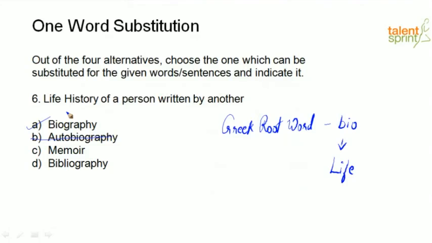Memoir, on the other hand, is more of an account of the personal experiences of an author. And bibliography, that's just a list of the works of either a specific author or a publisher, right? So our answer option for the sixth one is biography and not autobiography, right?